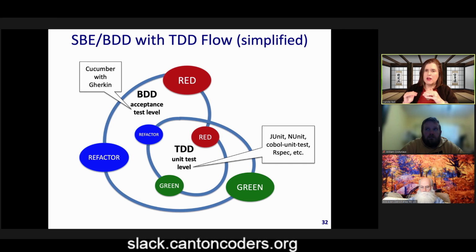Likewise, in test-driven development, when we're working down at the unit level, we write our tests, whether they're in NUnit or JUnit or RSpec or a bunch of other things. We write them before we write the code and they fail. Then we write the code, and if it's unit level, it's very small bits of code. We clean up, and we get that to passing, which is green.